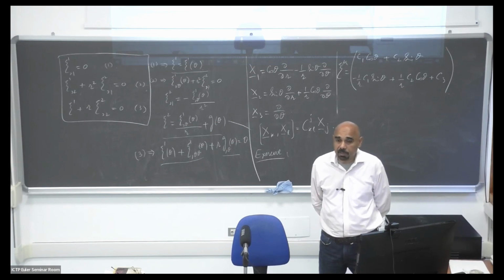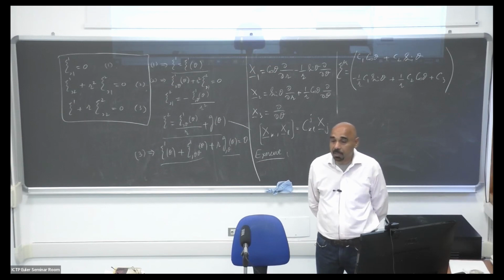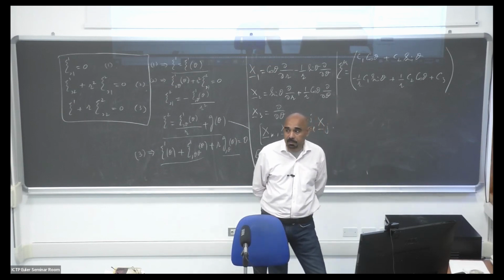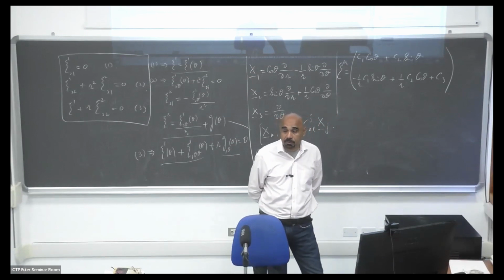So this is one of the methods by which we can generate new solutions of the Einstein field equations, not only by using Killing vectors but other symmetries. And in the next lecture, I will show you how we can find the new solutions of Einstein field equations by these symmetries.